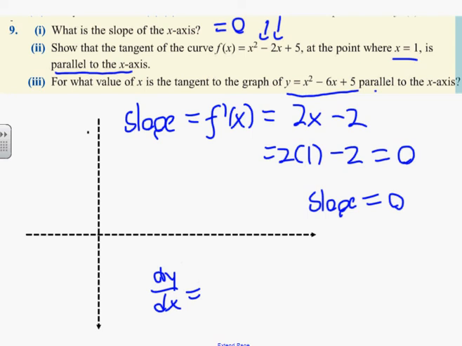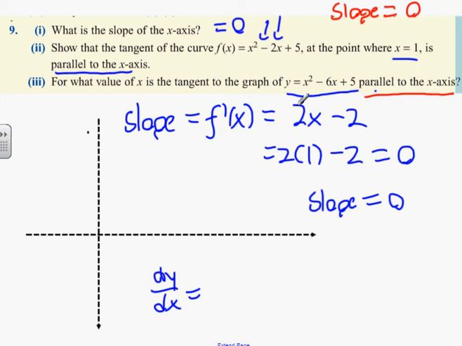So it's parallel to the x-axis. If it says the words parallel to the x-axis, what does that mean? It means it runs alongside, and it means the slope is equal to 0.